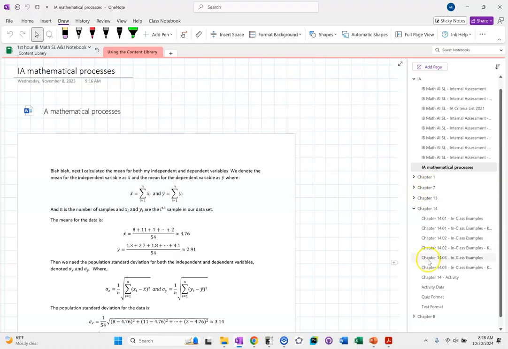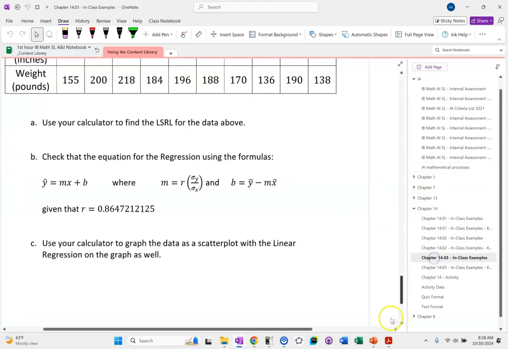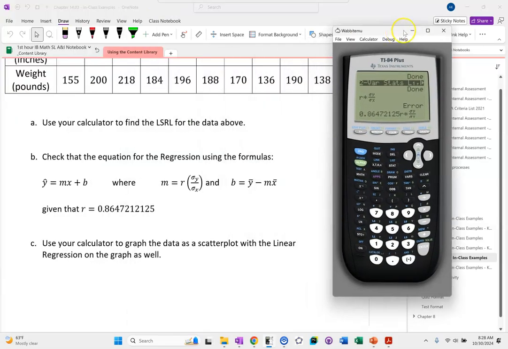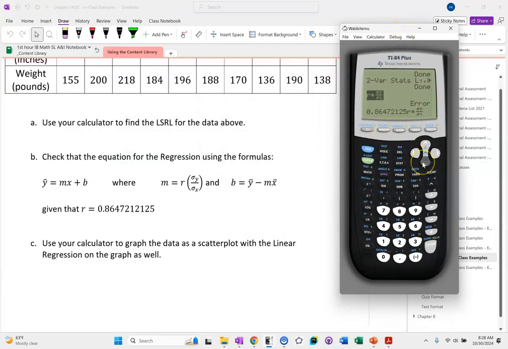Yeah, what happened here? Oh, I see. It didn't overtype there. So there's the slope.